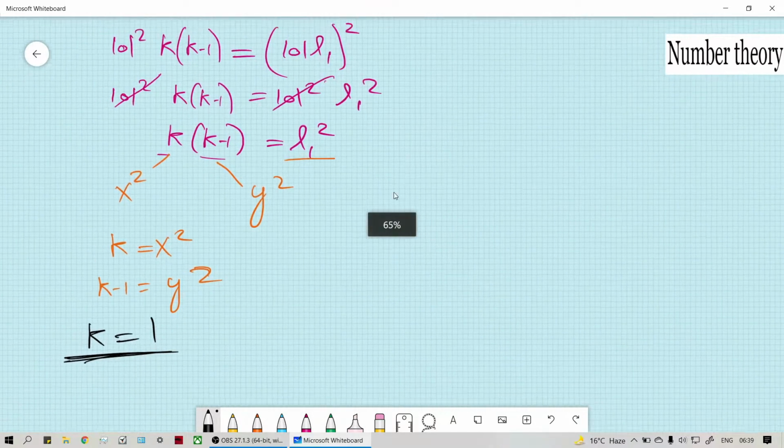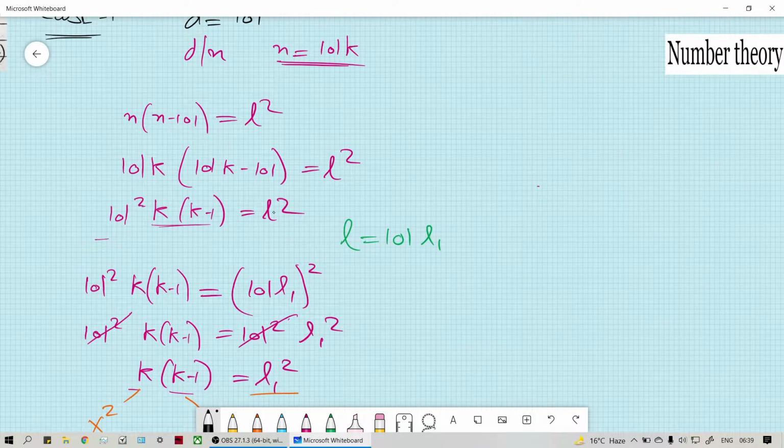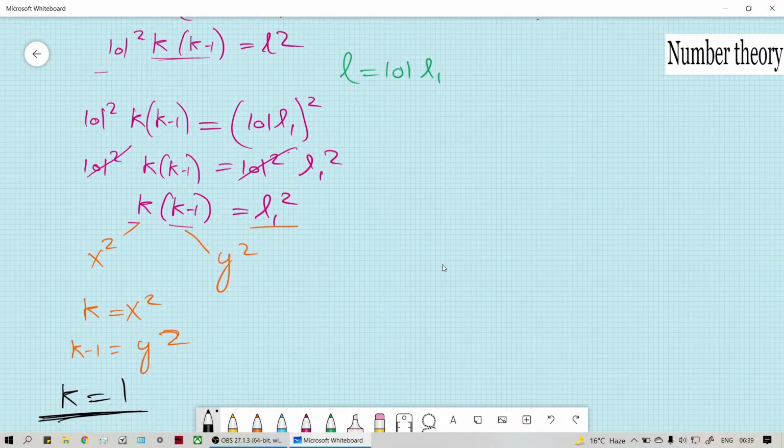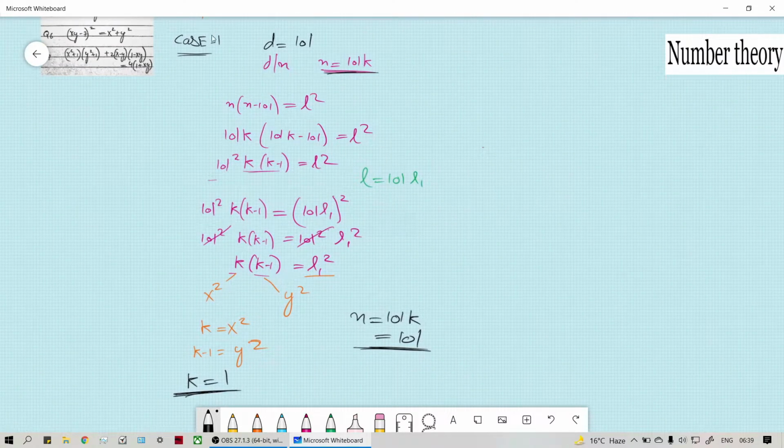Our n was 101k, and k is coming out to be 1, so n is 101. So in case 1, when the GCD was 101, this is what we are getting as the answer.